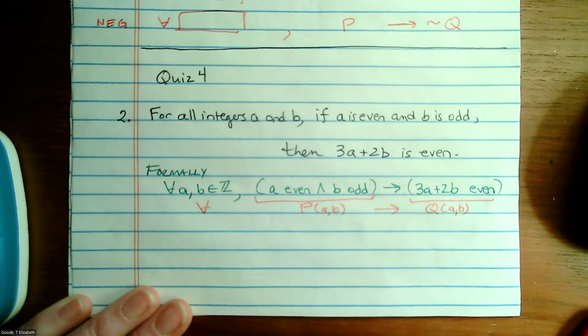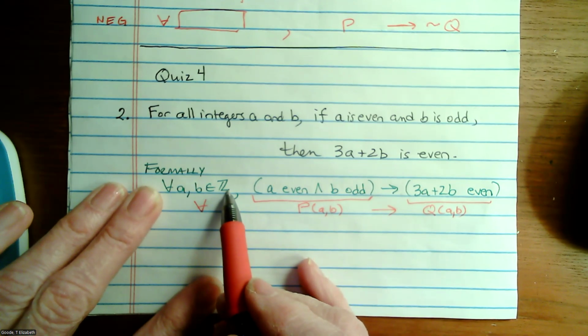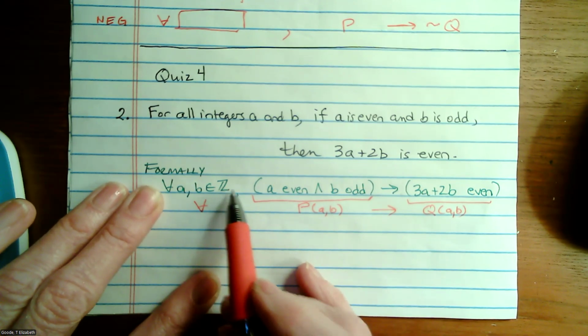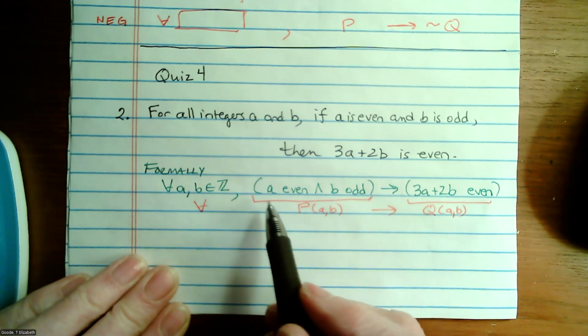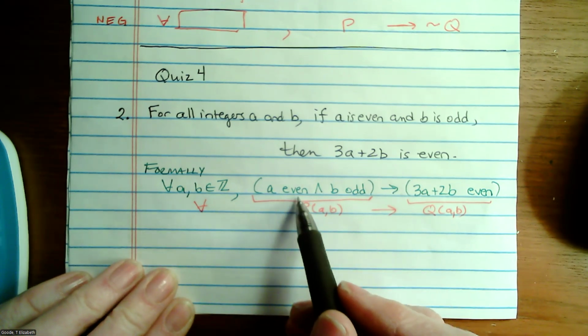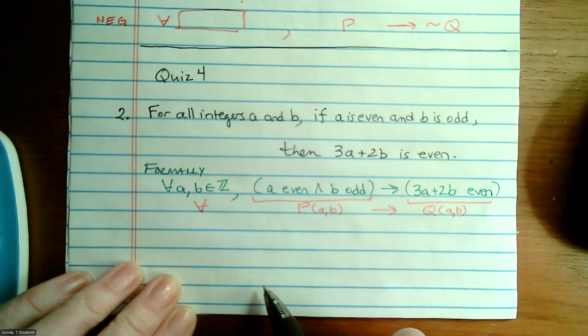So for direct proof, the thing to remember is even though this is universally quantified, when we write our assumption, we don't say all integers A are even and all integers B are odd, because that's simply not true. All integers A aren't even. It could be either one.